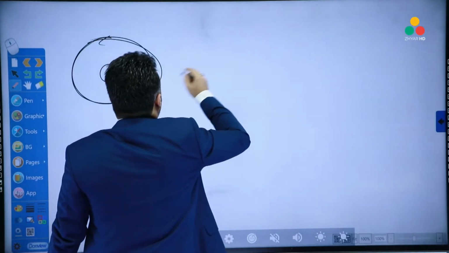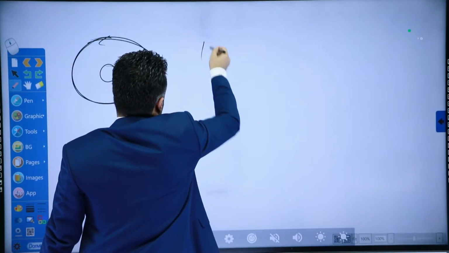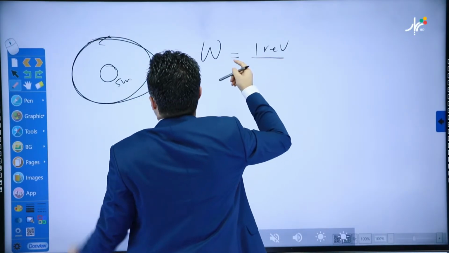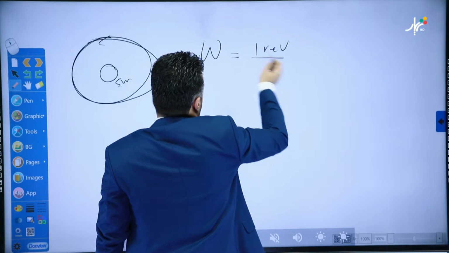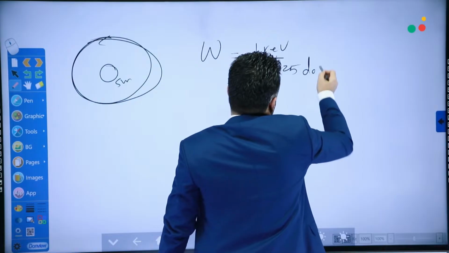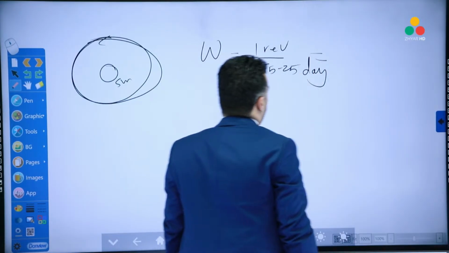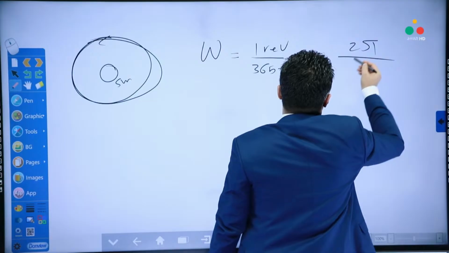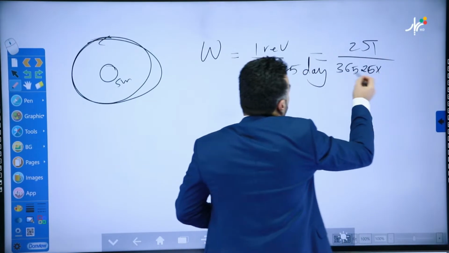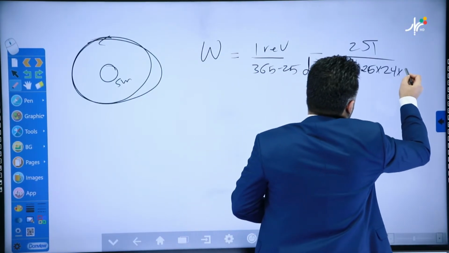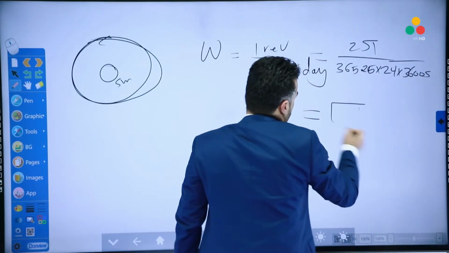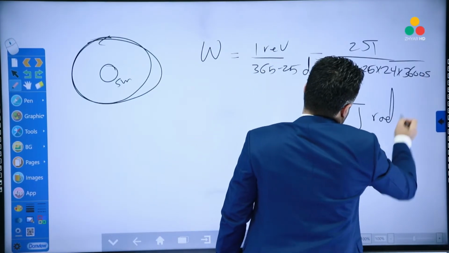Okay, we can say angular speed equal to 1 rev divided by the time, and the time is 365.25 days. Now you can convert this into, let's say, radian per second, and of course that is going to be 2 pi divided by 365.25 multiplied by each day is 24 hours, and each hour is 3,600 seconds. Now you can divide the two, and of course you get this radian per second.